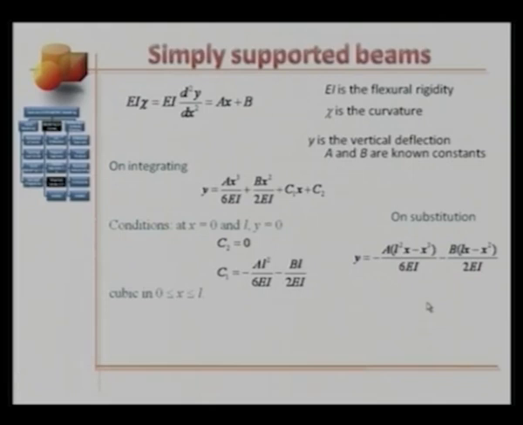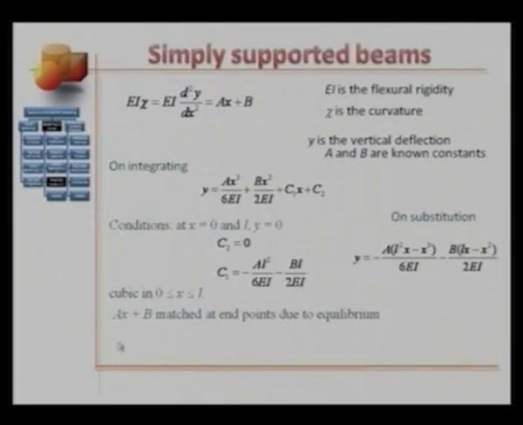What do we see? We see the vertical deflection over here as a function of the coordinate along the beam length. And we can also observe what the nature of the relation is. It is cubic for values of x between 0 and L across the entire simply supported beam segment.